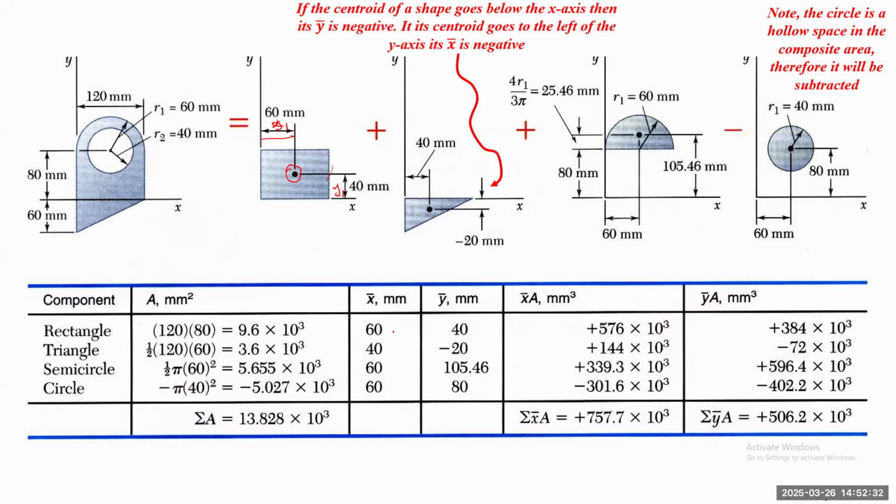Done. 60, 40. The next one is the triangle. For the triangle, you need to do the 1/3 rule. 1/3 of 120 you get 40, positive 40.